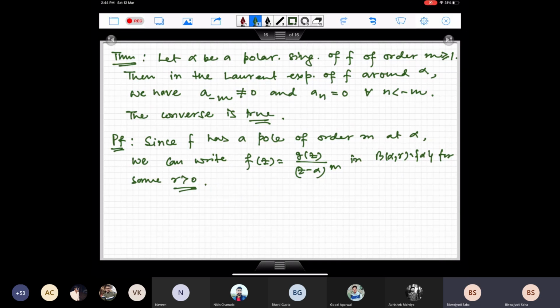And of course here I should write, where g is holomorphic on B(alpha, R), and g of alpha is non-zero.